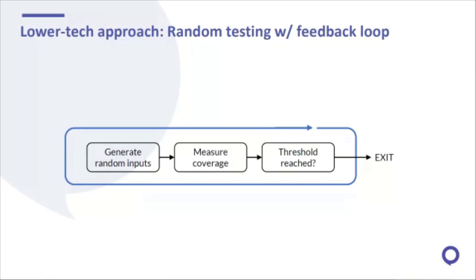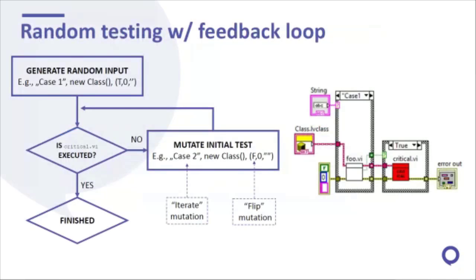A threshold can be a coverage percentage, or it can be a timeout because you don't want to wait forever. If the answer is yes, then you finish and you are happy because your test generator gave you tests. If not, then you go on. So this is the very idea of random testing with feedback loops.